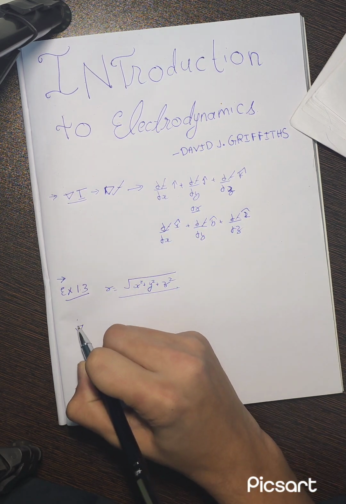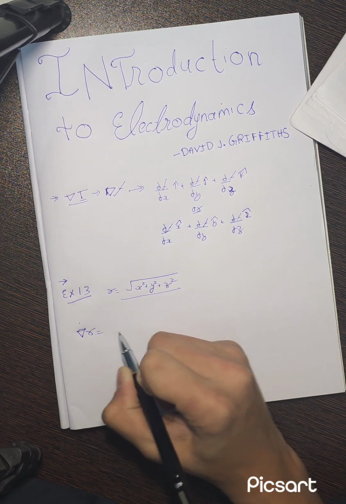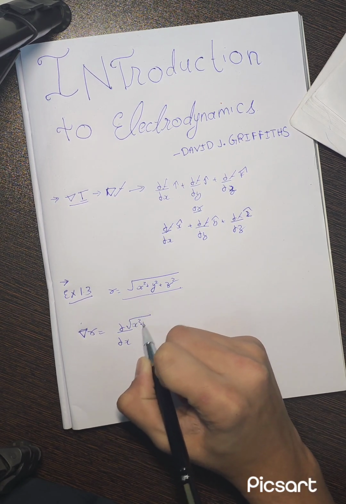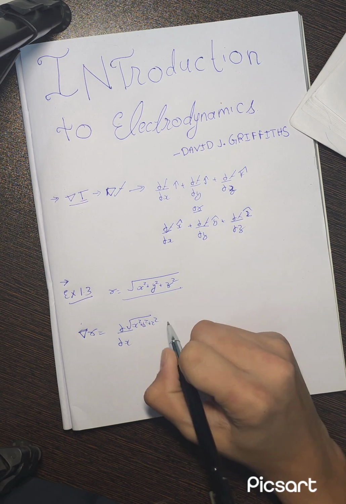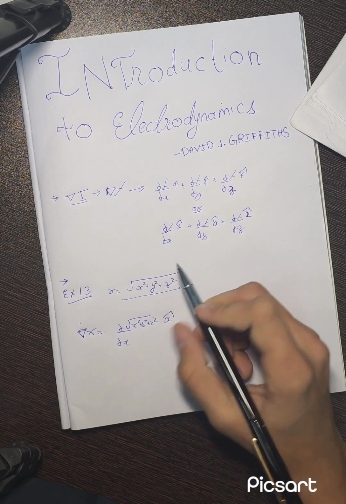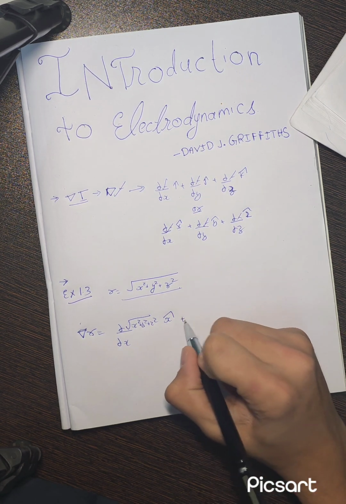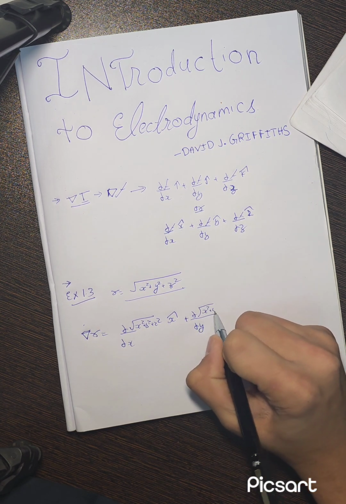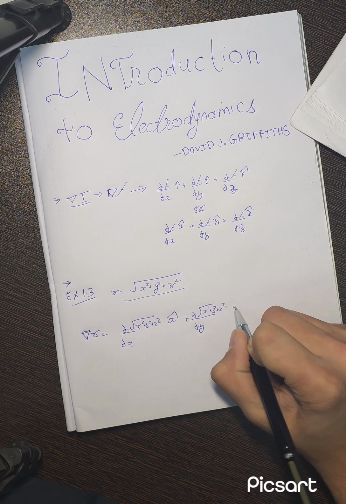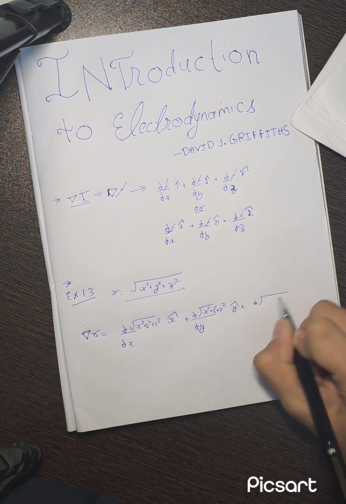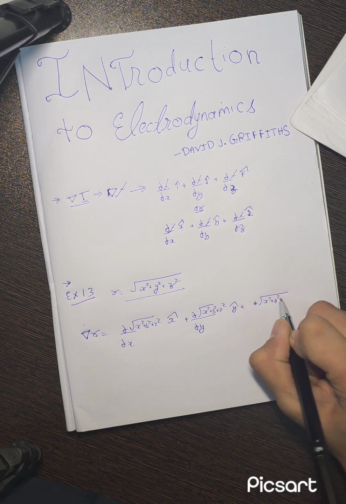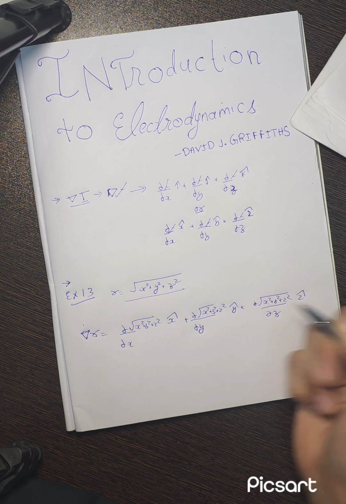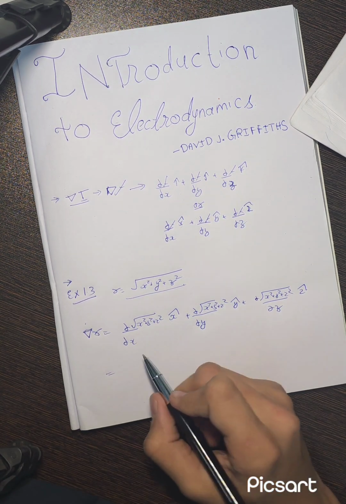It's del r, grad by del x of root of x square plus y square plus z square x cap, plus del by del y, and so on. I'll follow the notations of Griffiths because a few of you might get confused. This is very easy and obvious to solve.